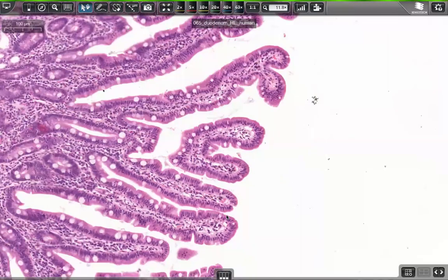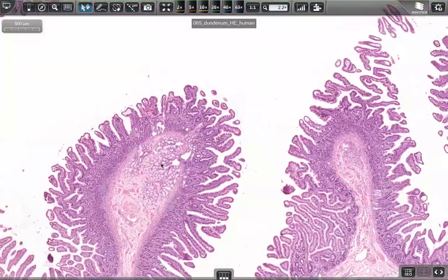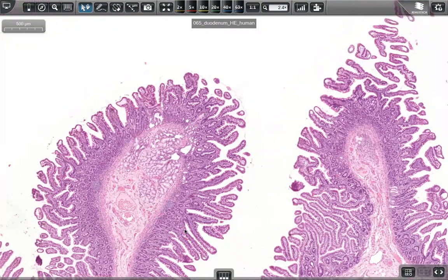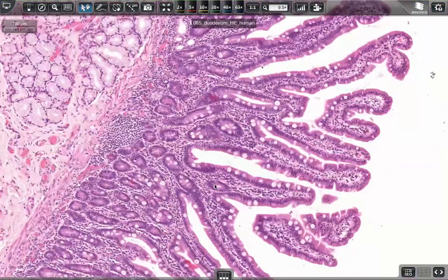So Kerckring folds are present, connective tissue, part of the submucosa, and the villi. Yeah, these are the villi present.